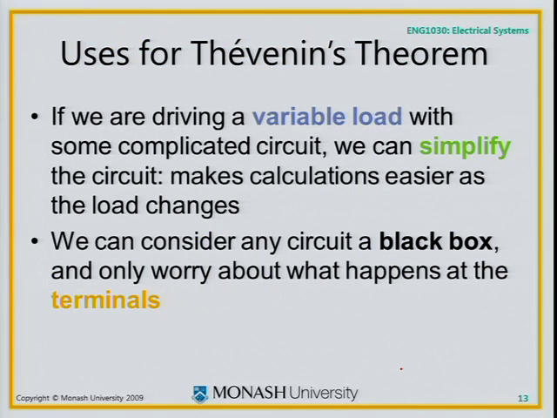Why do you want to replace a big complex circuit by a simpler one? Well, it's nice, I think, to reduce all sorts of complicated stuff to a very simple circuit.